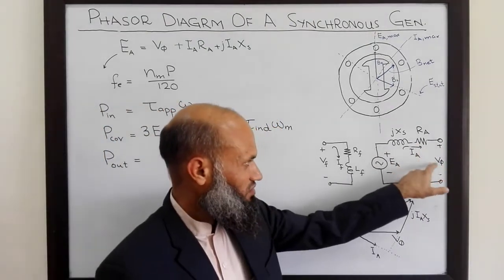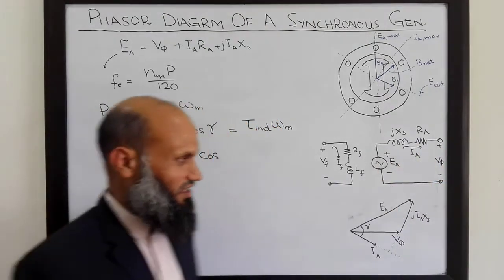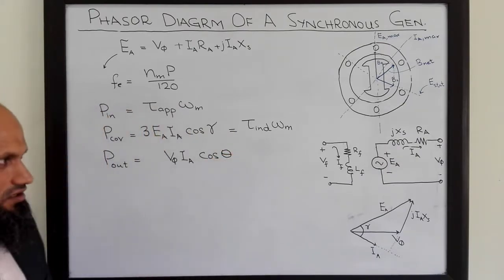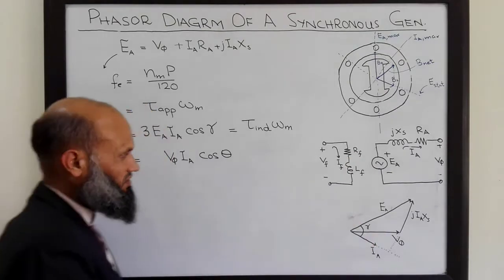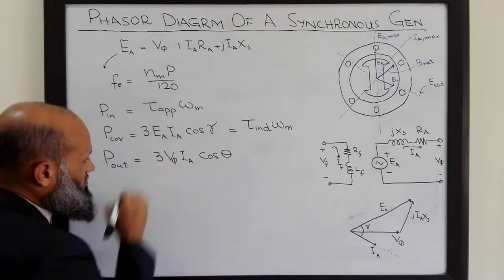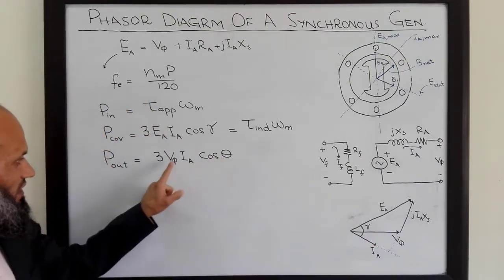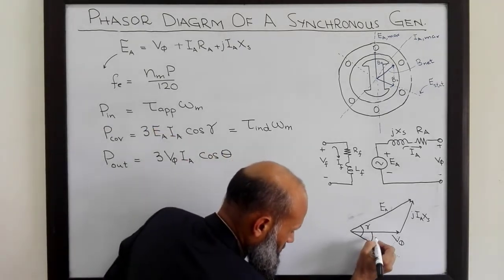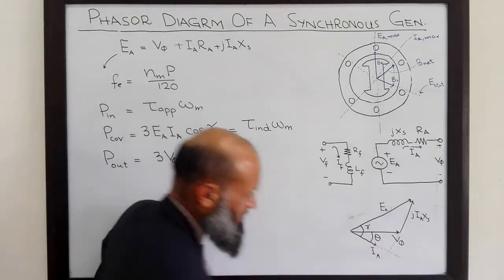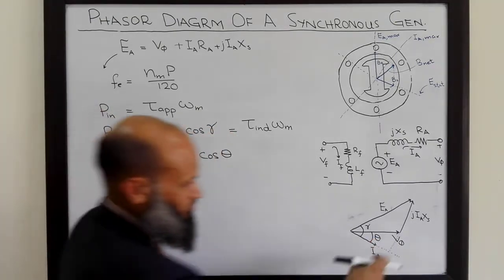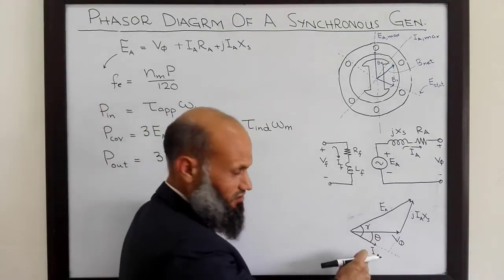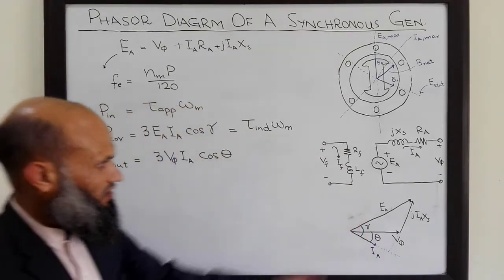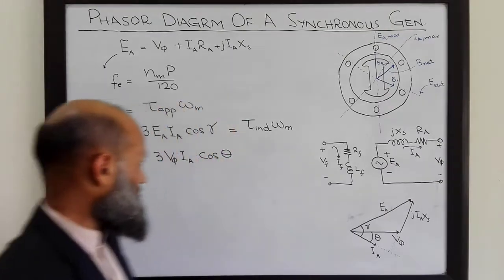The angle between these two is denoted by theta, and it is the same as the power factor angle of the load connected to the generator. Again, since there are 3 identical phases, we have this relation.